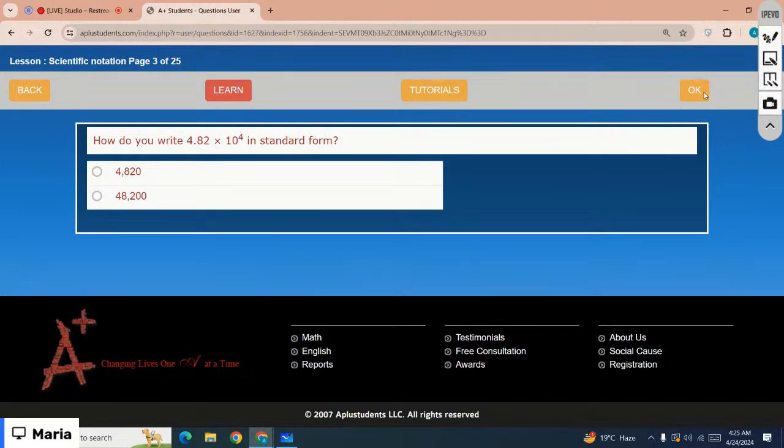How do you write 4.82 times 10 exponent 4 in standard form? Which is the correct option?